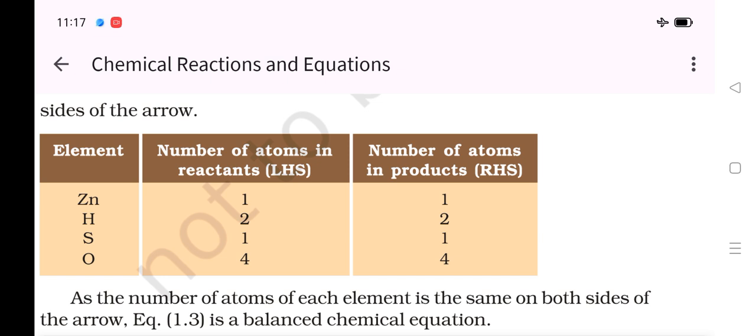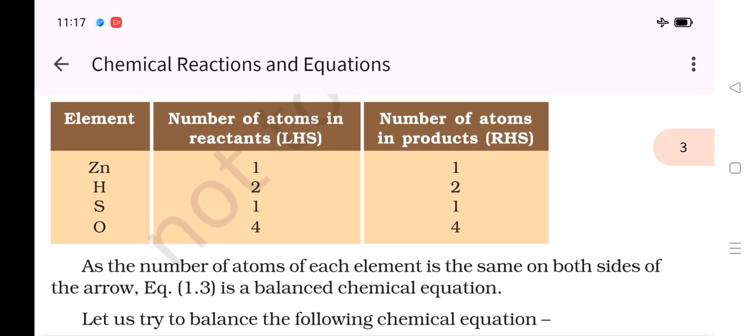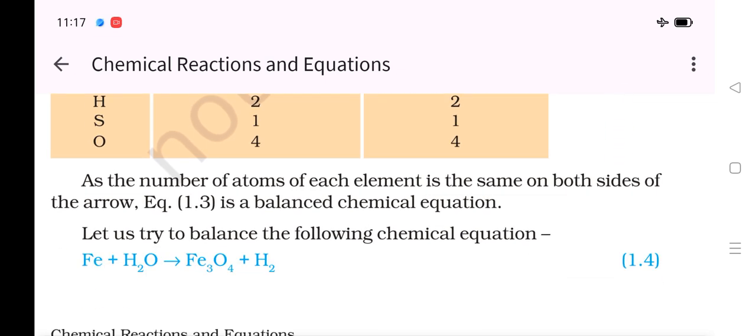Number of atoms in products RHS is 1. Element O, oxygen, number of atoms in reactants LHS is 4. Number of atoms in products RHS is 4. As the number of atoms of each element is the same on both sides of the arrow, equation 1.3 is a balanced chemical equation.